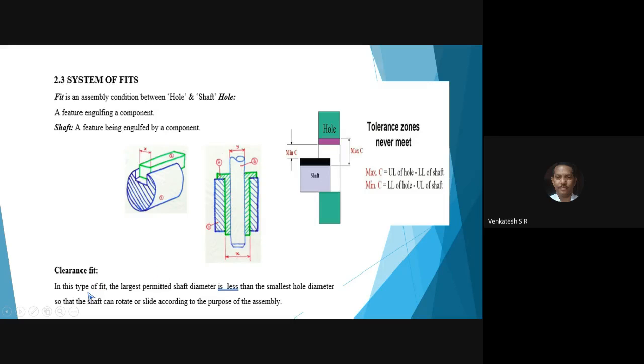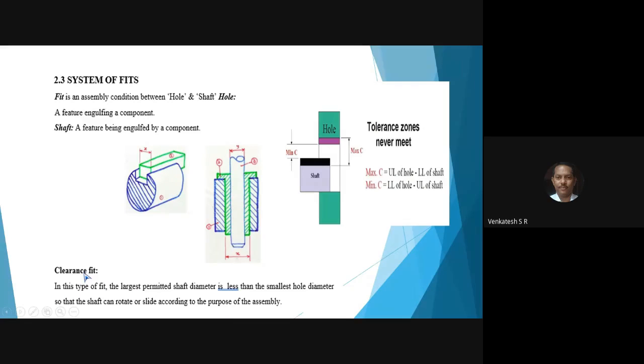This type of fit is used for placing bushes in the arbor of the milling machine, or if you want to fix the pulley in the center of the shaft, then on both sides of the shaft you place the bushes. The diameter of the shaft is less, so the shaft easily moves inside the hole. Then it is called clearance fit.